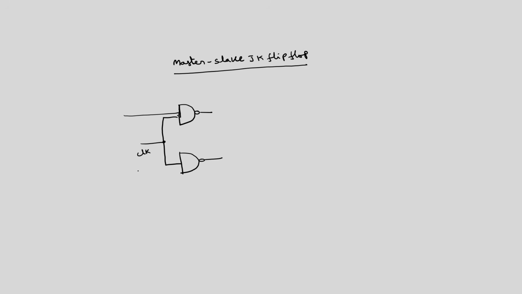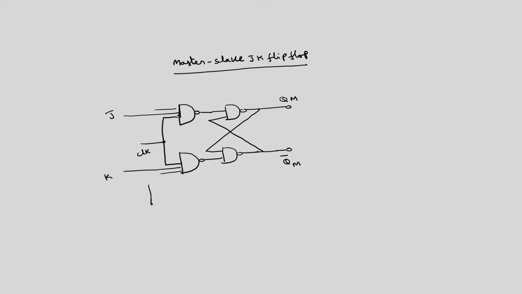Here we have J input, K input, and there is a third input that we are going to connect later. This we will call some intermediate output QM bar. This particular flip flop is called the master flip flop, and this is a JK flip flop.